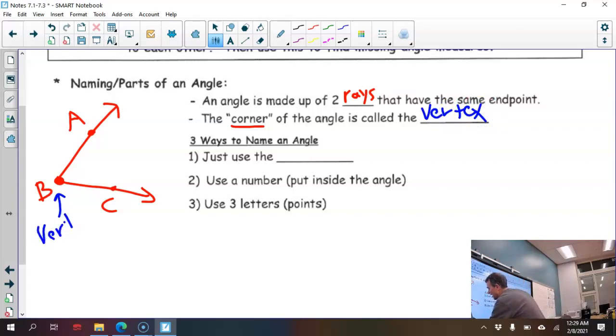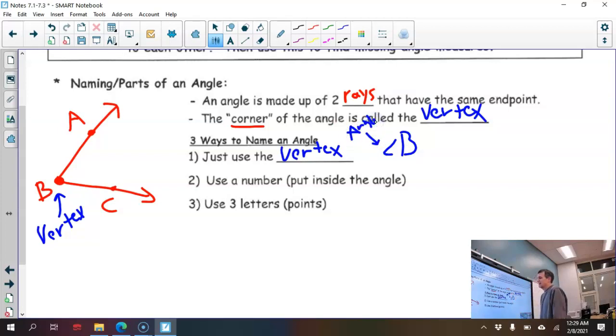So let's label that the vertex. And there are three ways you can name an angle. One is you can just use the vertex. So I could call this angle, angle B. This little symbol here means angle. That is a good way to name an angle, by calling it by the vertex.